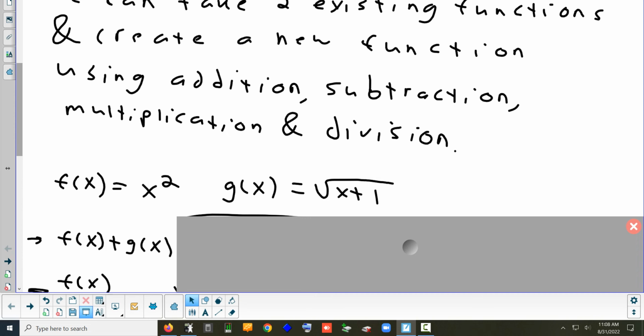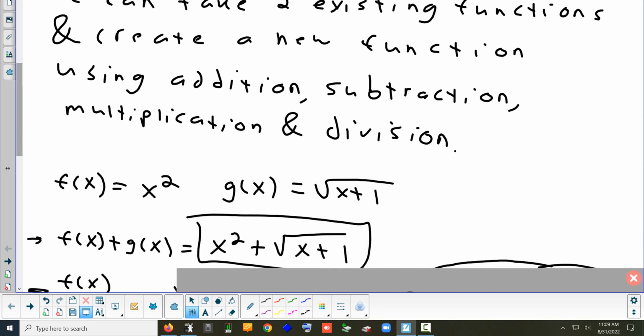There's not really much we can do here because they're not like terms. So one new function I could find would be f of x plus g of x. That's one way I could take these 2 functions and combine them together to make a new one.